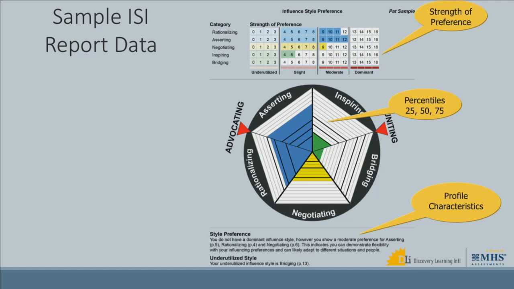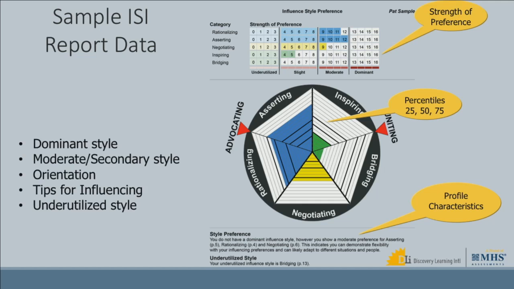So you get to see not only how much you assert versus how much you bridge, but also how much you bridge or assert versus John or Jane Smith walking down the street, just the average person. And so there's a lot of information on this one page. In addition, there are some summary profile characteristics at the bottom.